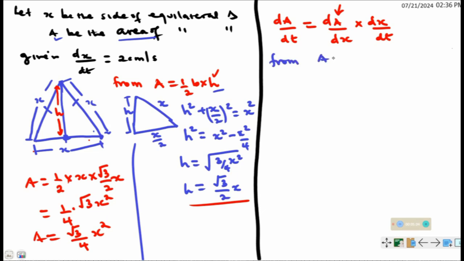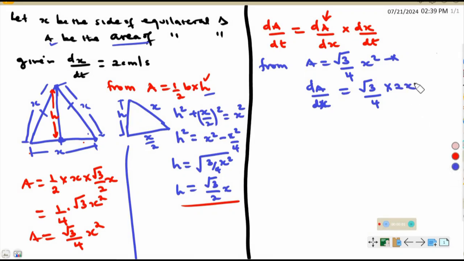So from the area, which is root 3 divided by 4 of x squared, I can easily get dA/dx, that is differentiating this expression with respect to x. So this would be the same as root 3 divided by 4 times 2x, so this will also be equal to root 3 upon 2 of x. So that is our dA/dx, which is root 3 upon 2 of x.